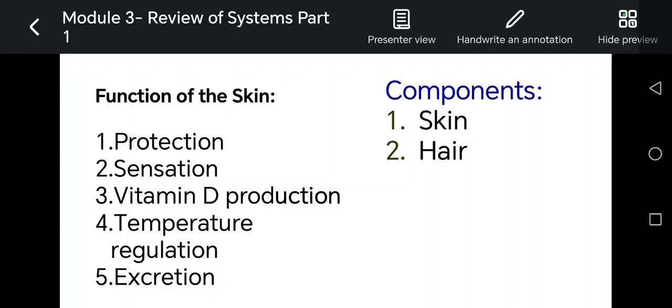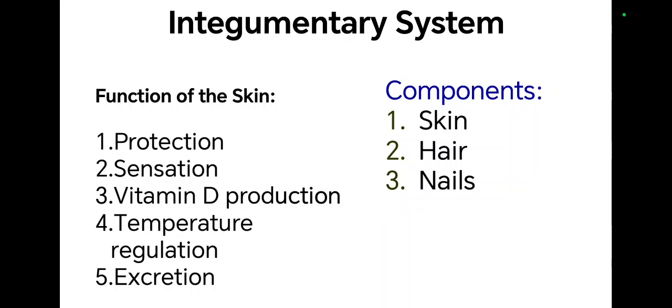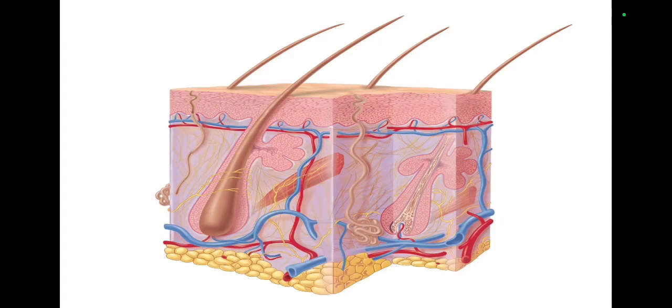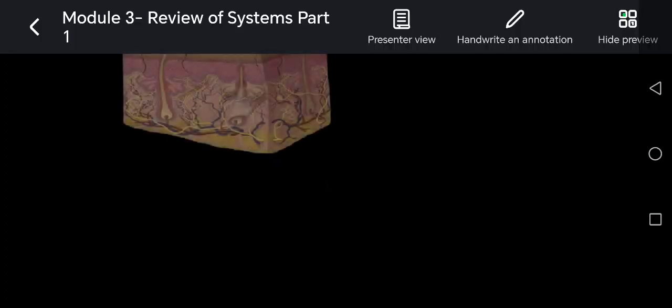Now again, the components of your integumentary system may include the skin, the hair, the nails, and the glands. So as you can see here, here are the layers of the skin. We have your epidermis, the dermis, and last, at the very low or inner part of the skin, your hypodermis.